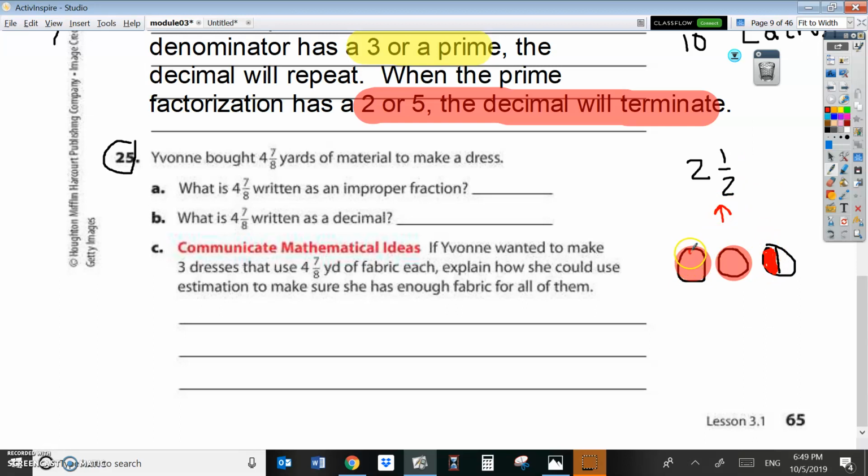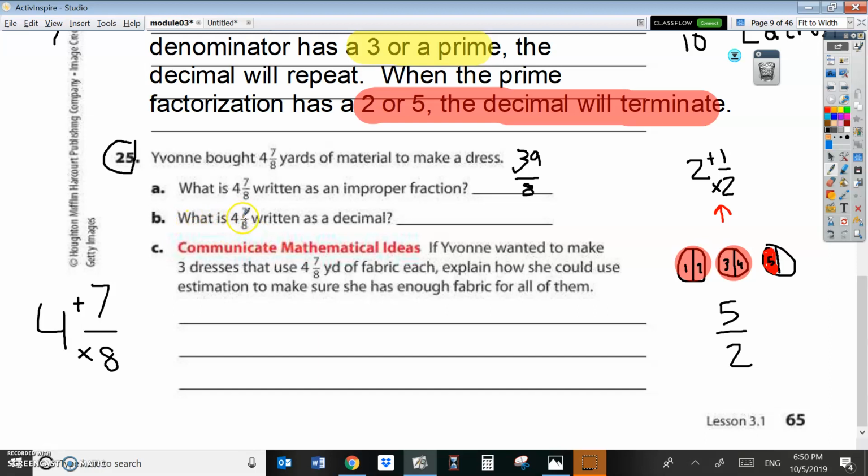But it is also 5 over 2. So you need to do denominator times whole number plus numerator. So do the same thing here. 4 and 7/8. Multiply, add. 8 times 4 is 32, plus 7 is 39. 39 over 8.